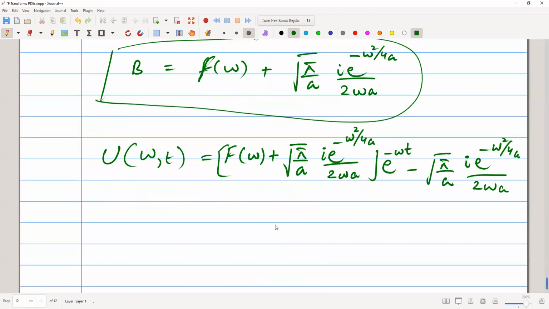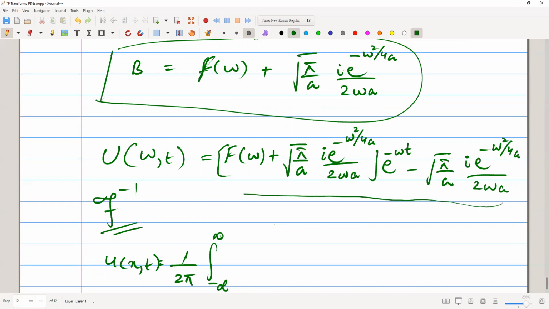All right, so now to get the solution, we need to apply the inverse transformation. By inverse transformation, on the left side we'll get u of x comma t, and on the right side we just simply need to integrate the function from negative infinity to infinity, with 1 over 2 pi in the denominator, and then this whole function.